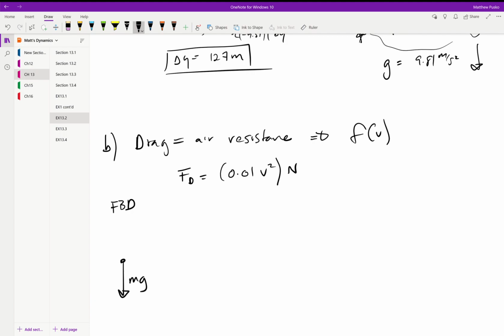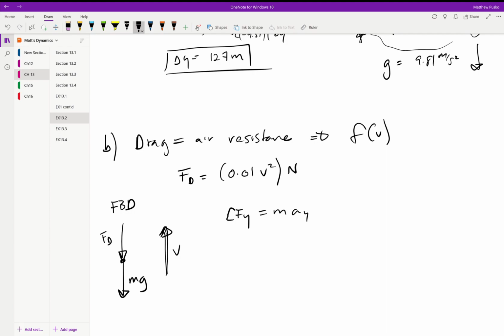Now drag is like friction, it opposes motion. So if this thing has a velocity like this, and we're only concerned about going to the top, that would be a velocity vector pointed up the whole time, then drag is going to be pointed down also. So if I sum the forces in the y direction now, it equals mass times the acceleration in the y direction.